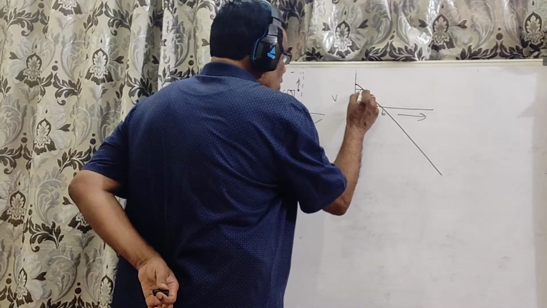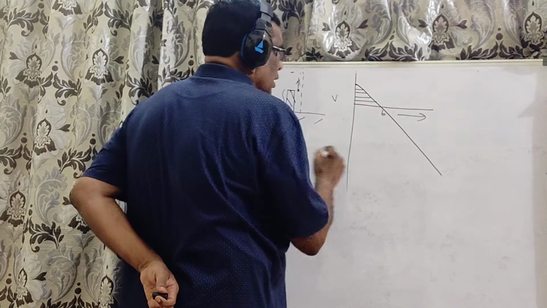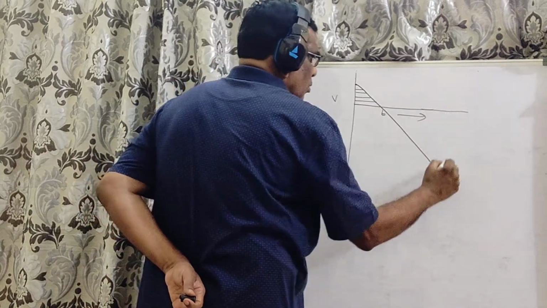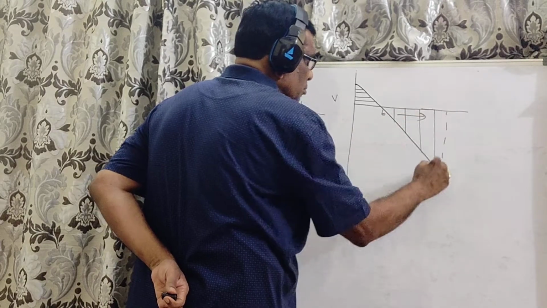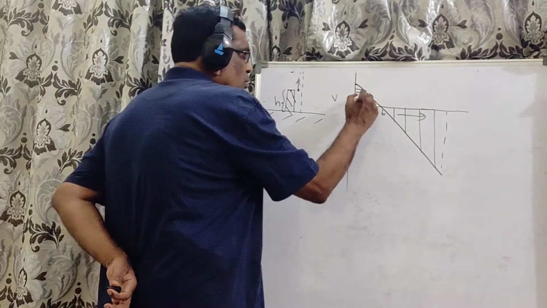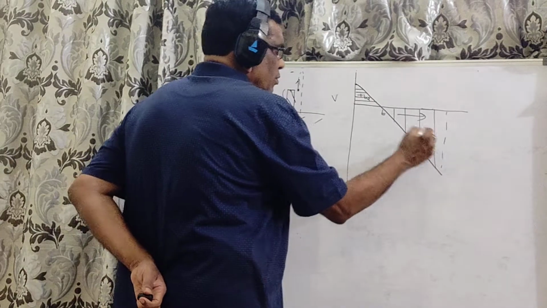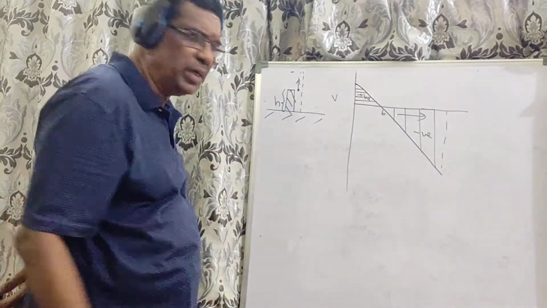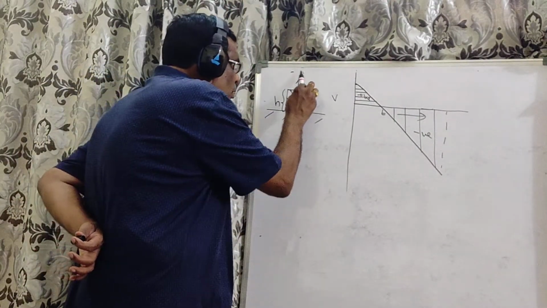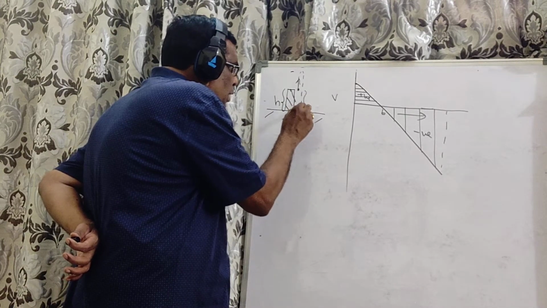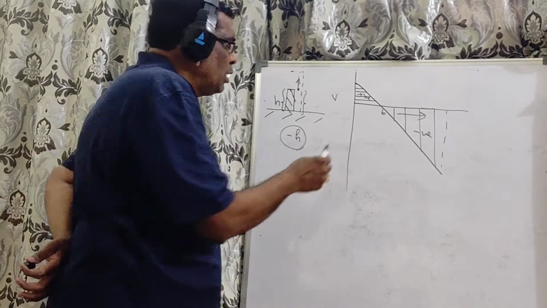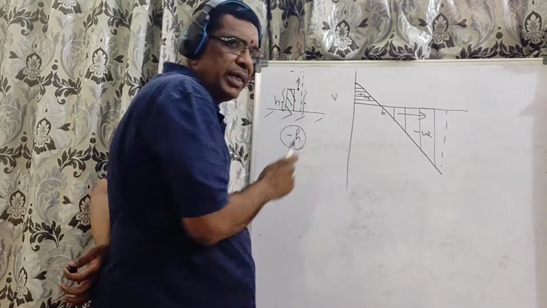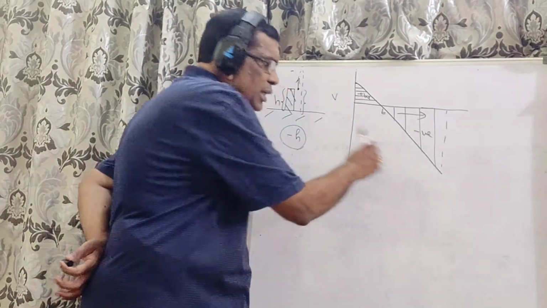Now, what is this positive area? What is the negative area? Very clearly you can see the negative area is more than the positive area. During the time of flight, the displacement is minus h. Positive area is less, negative area is more.